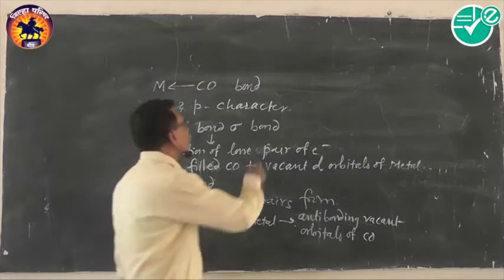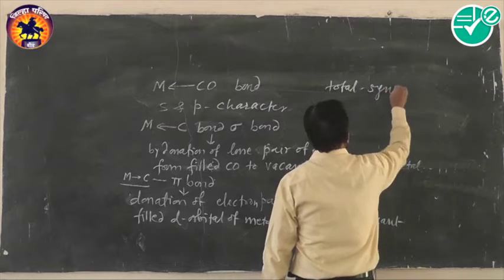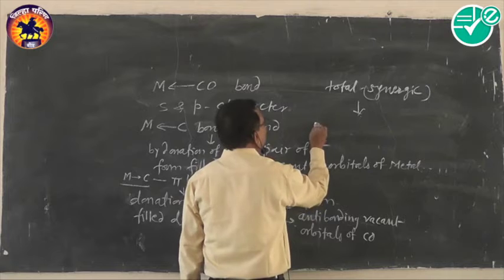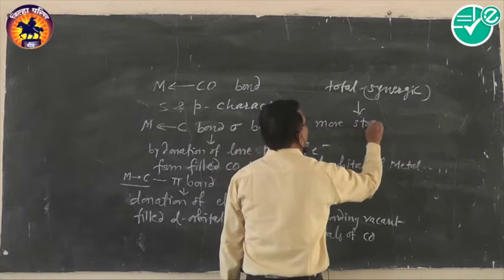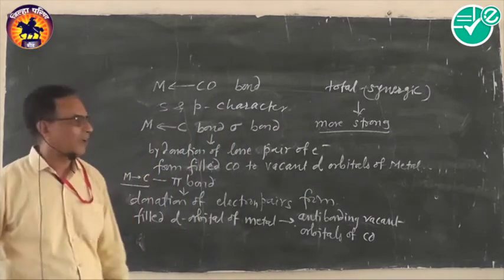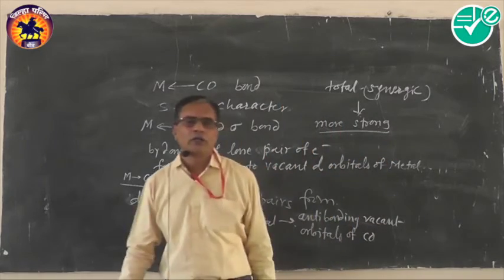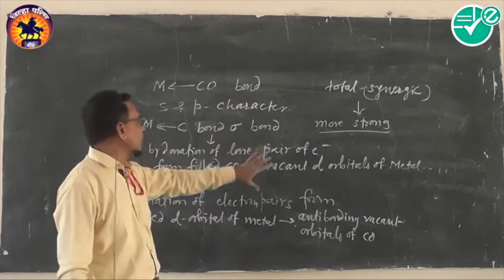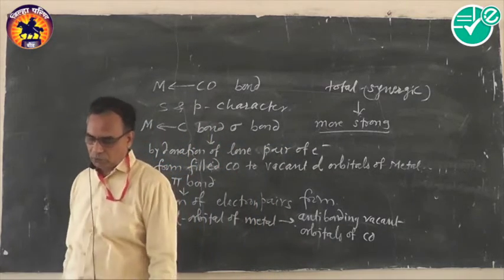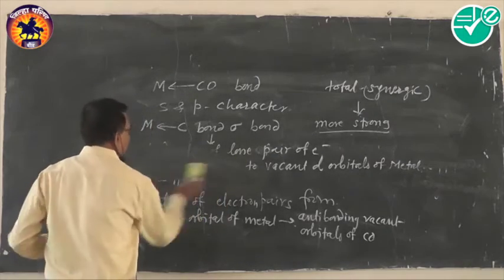These two together give a synergic effect, which gives more strength to this MC bond. Hence the MC bond is a strong bond due to the cumulative or synergic effect of these two bonds. So this is the bonding in metal carbonyls.